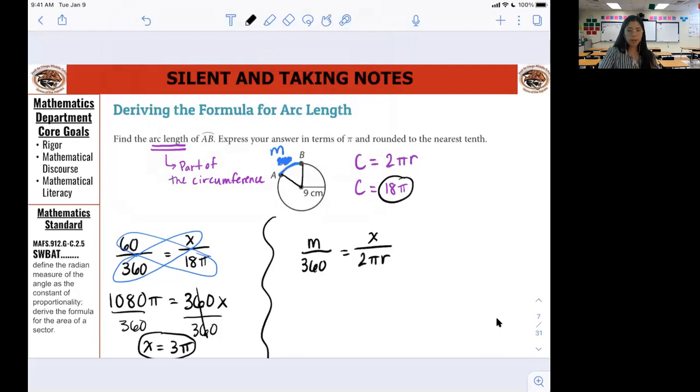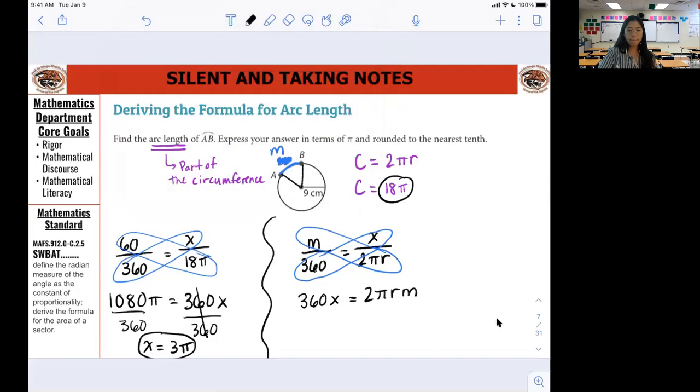Now I'm solving for x, right? So I'm still going to cross multiply. I'm not filling in any of my values yet. But I would get 360x equals 2 times pi times r times m.